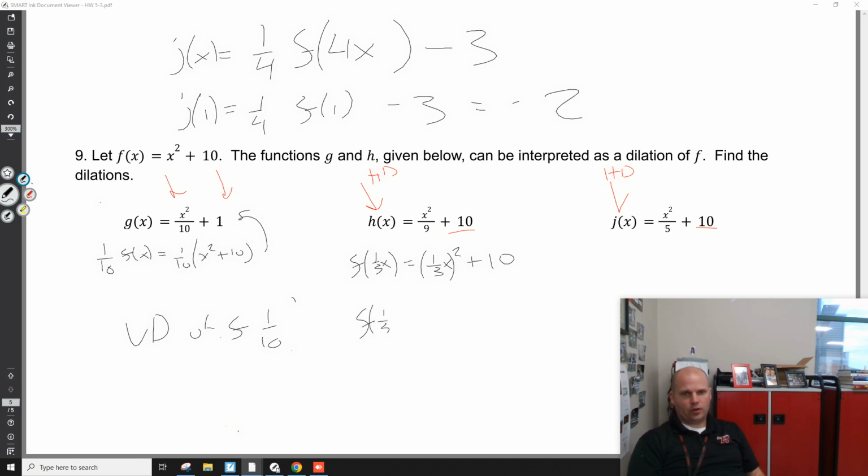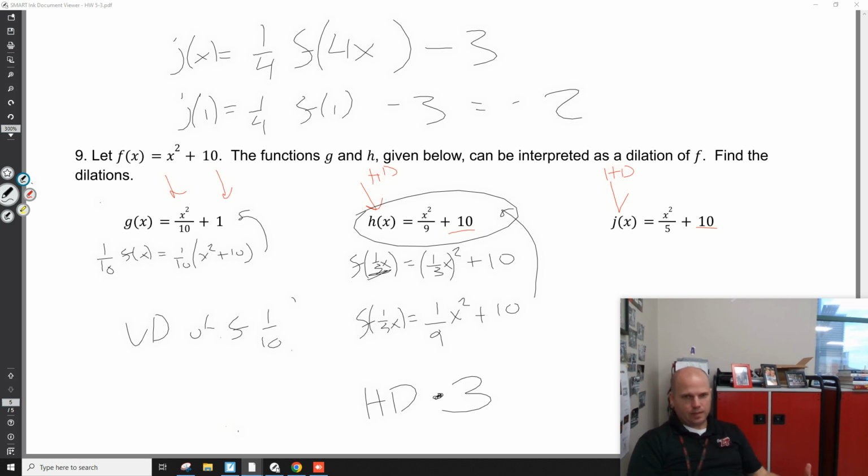F of 1/3 x equals 1/9 x squared plus 10. That is h of x. This is a horizontal dilation by a factor of 3. The 1/3 being opposites, inversing, horizontal dilation of 3.